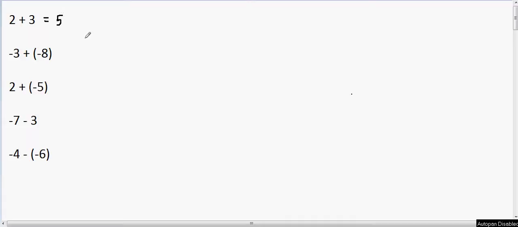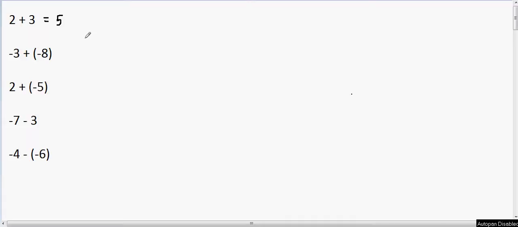Which gives us 5. Next, we have the sum of two negative numbers, minus 3 and minus 8. Since both numbers have the same sign, our answer will also have the same minus sign out front.